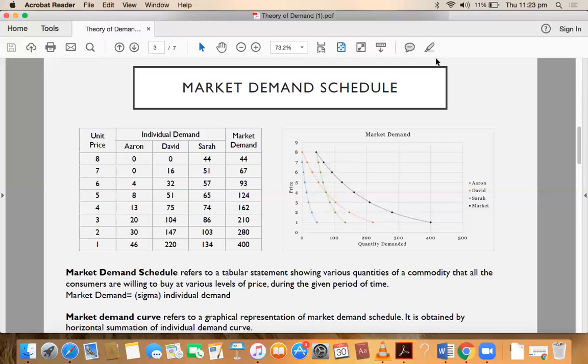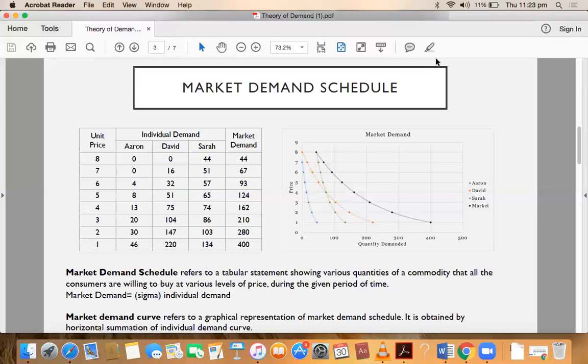And the market demand at the price of rupees 1 is 400, which is shown on the graph with black color, that at the price of rupees 1, the market demand is 400. This is how we make market demand curve.